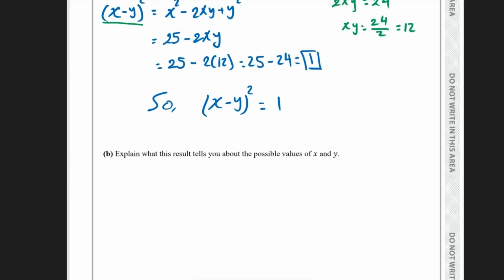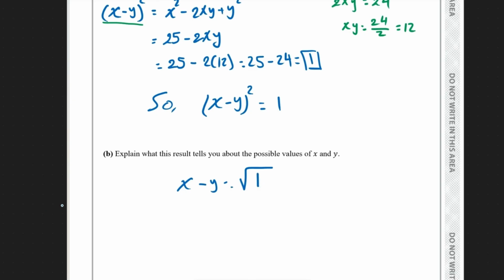Explain what this result tells you about the possible values of x and y. It asks you to get the values of x and y and what the possible values are. Now you have this bracket squared, and if you need to look at the values of x and y, you need to bring the square to the other side. So we say x take away y equals the square root of 1.